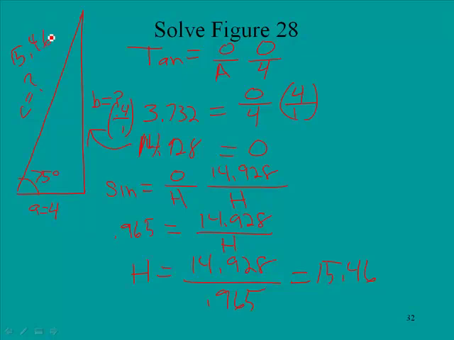And so again, we could test our values. We say the opposite is 14.928, hypotenuse 15.46, and the adjacent is 4.